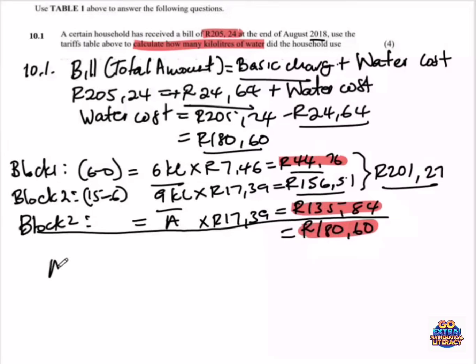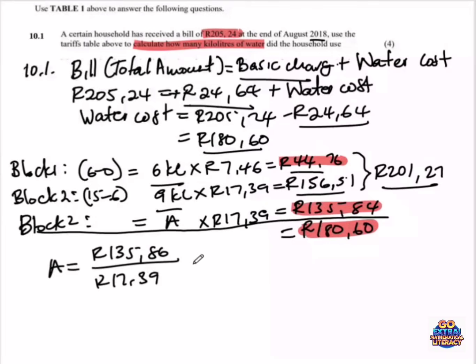We're looking for the number of kiloliters. A represents the number of kiloliters. Therefore, we take 135 and divide by 17.